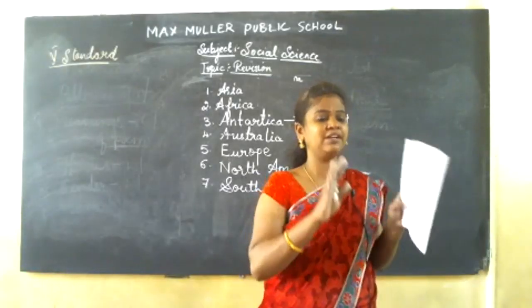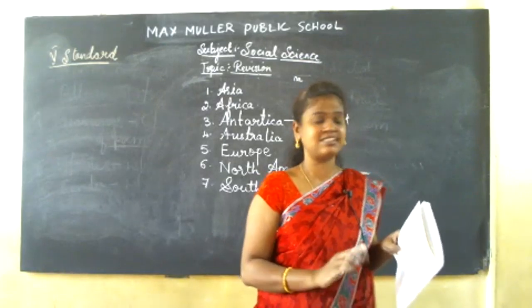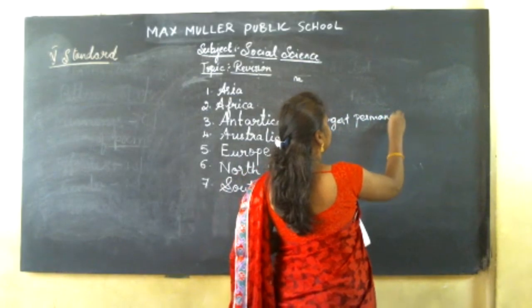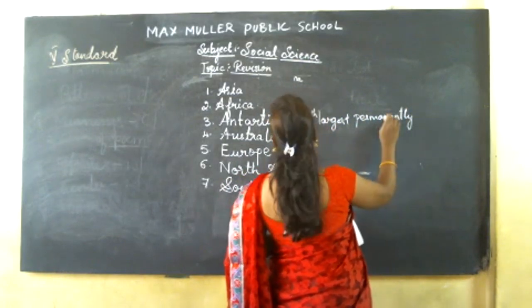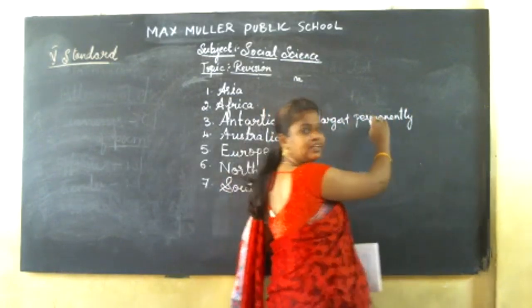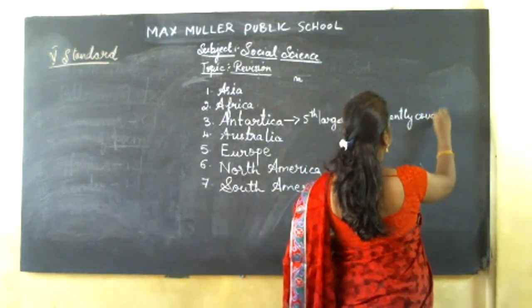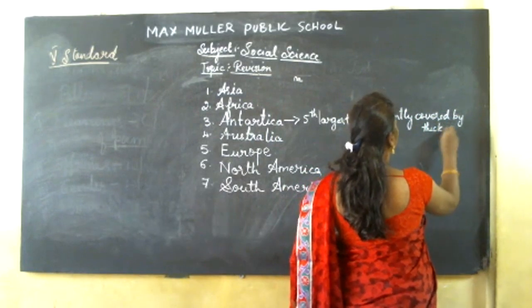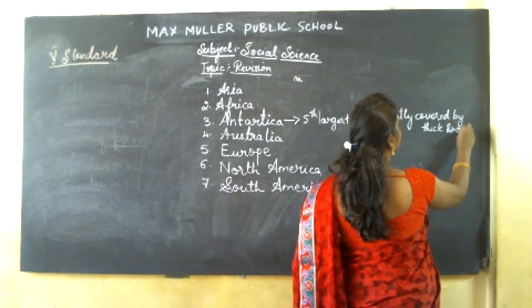Permanently means it will be same without any changes. So that is called as permanently. Antarctica is covered by thick snow all throughout the year.